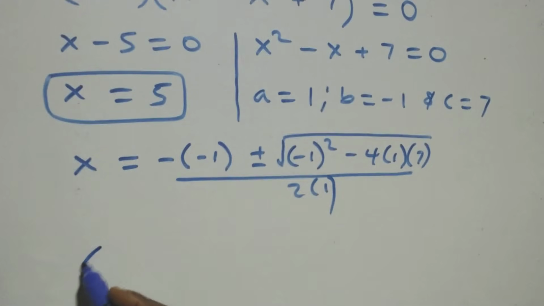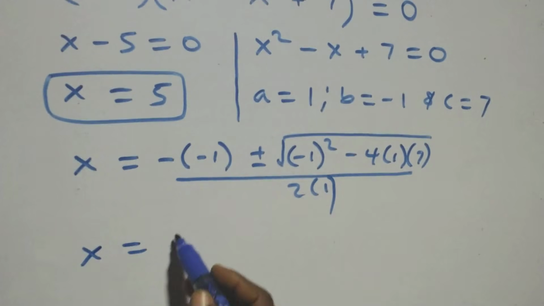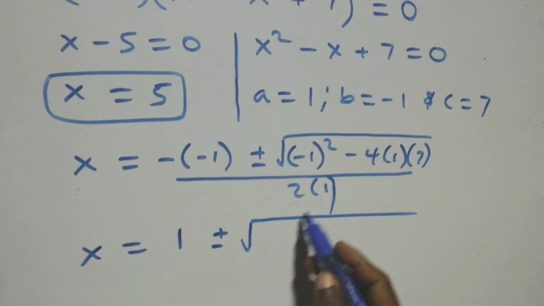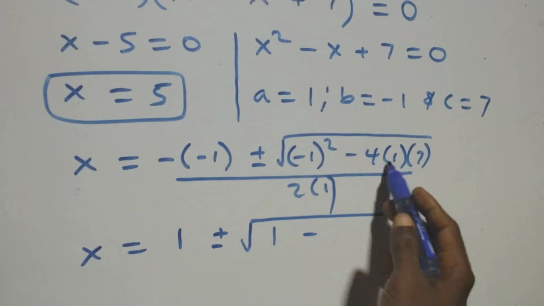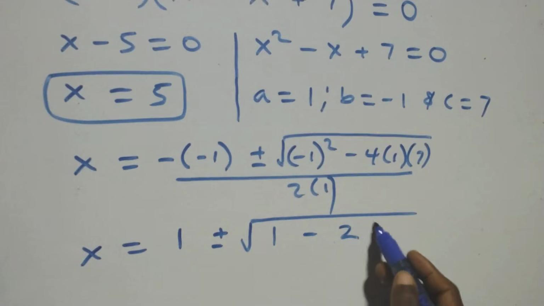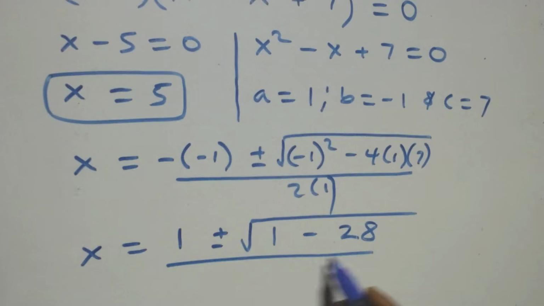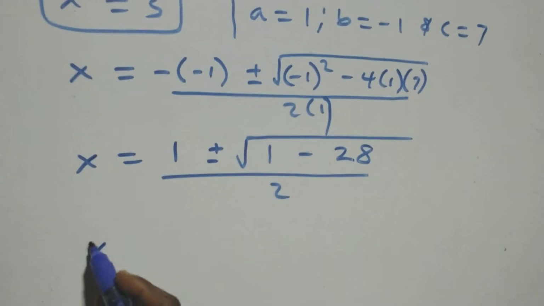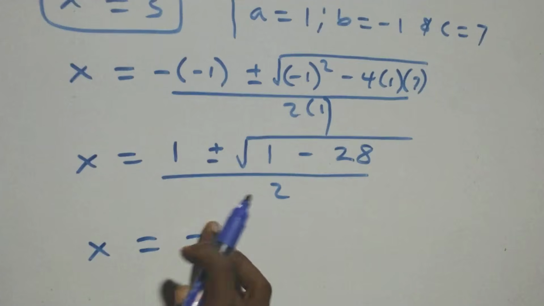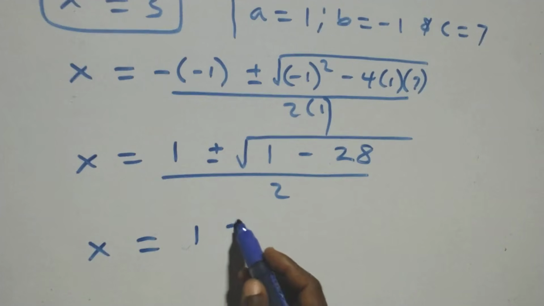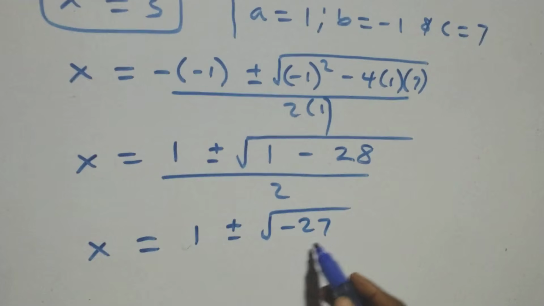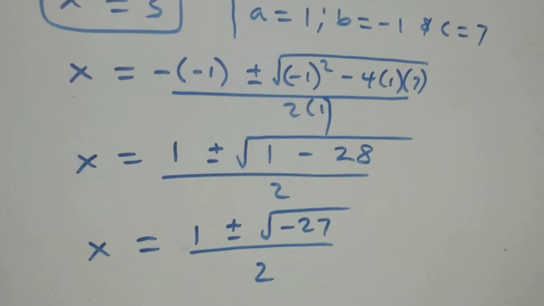Here we have x equals, minus times minus plus, 1 plus or minus square root of 1 minus 28, that's minus 27, all over 2.